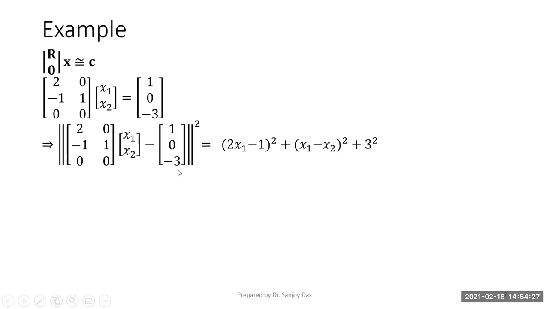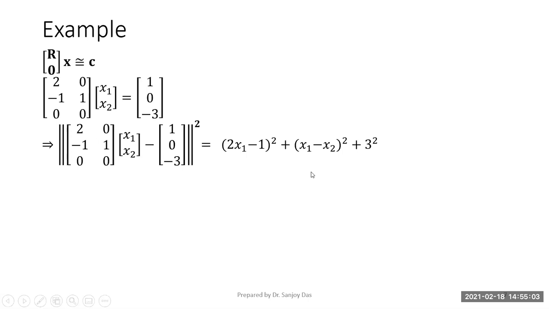In fact, you can see that twice x1 minus 1 squared, plus negative x1 plus x2, the same thing as x1 minus x2 squared, and then 0 x1 plus 0 x2 minus of minus 3, which is 3 squared. So that's the squared L2 norm of the difference between these two vectors.